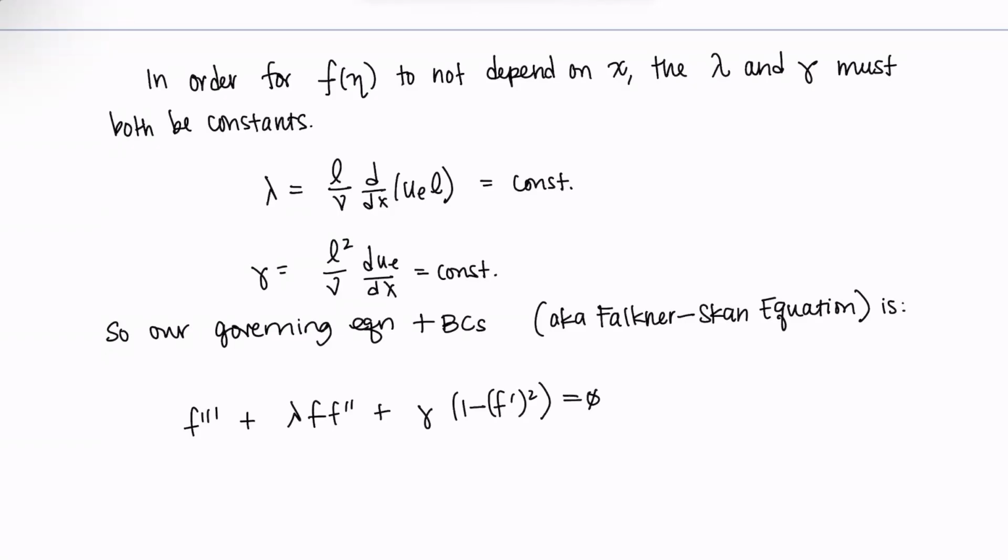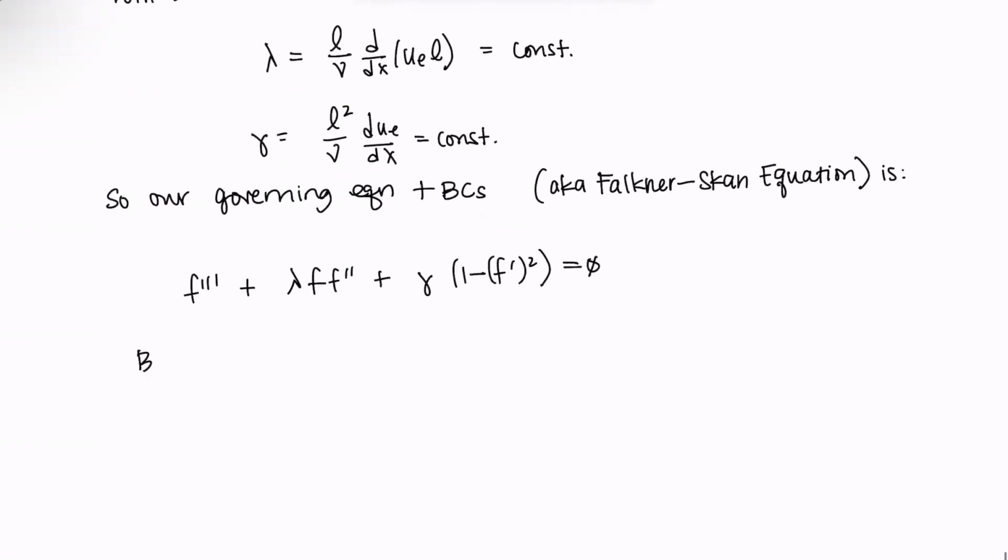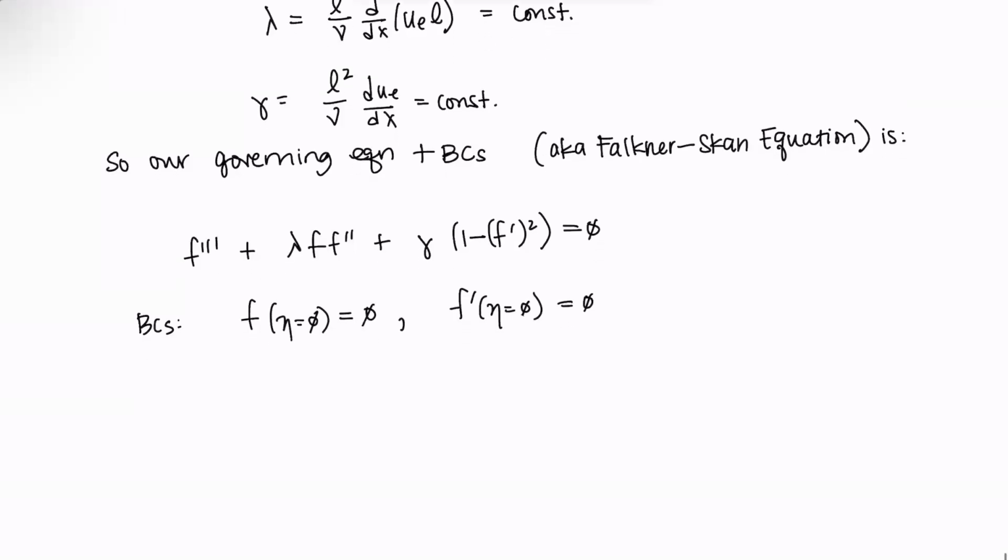So it's just the same thing I wrote before. And then our boundary conditions are F at eta equals 0 is 0, and F prime at eta equals 0 is equal to 0. And then F prime as eta goes to infinity is equal to 1. This can only be solved numerically.